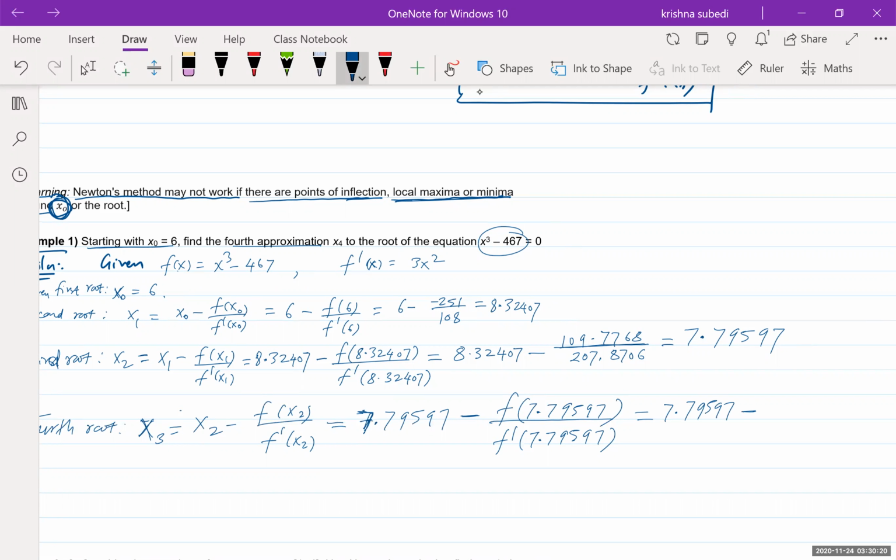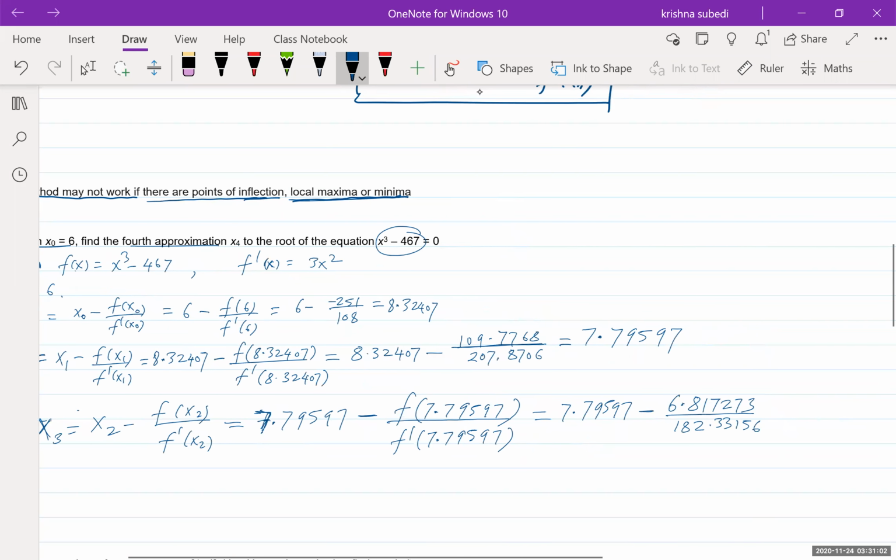Okay, so when I plug in this 7.79597 in the function f of x, my calculator is giving me this value. And when I plug in this same x value in my derivative function f prime of x, my calculator is giving me this.